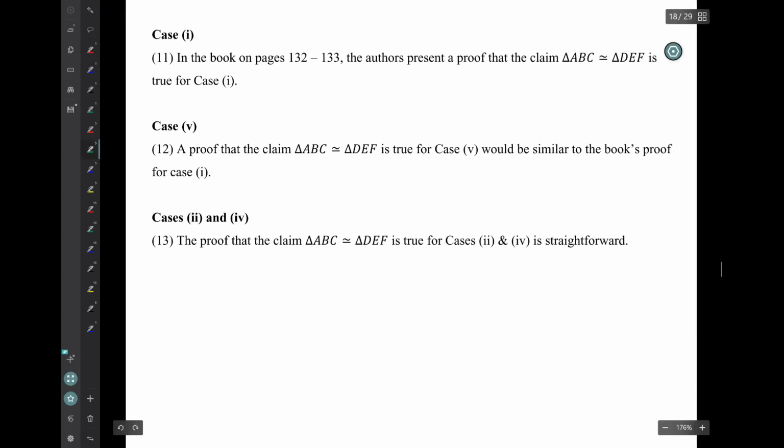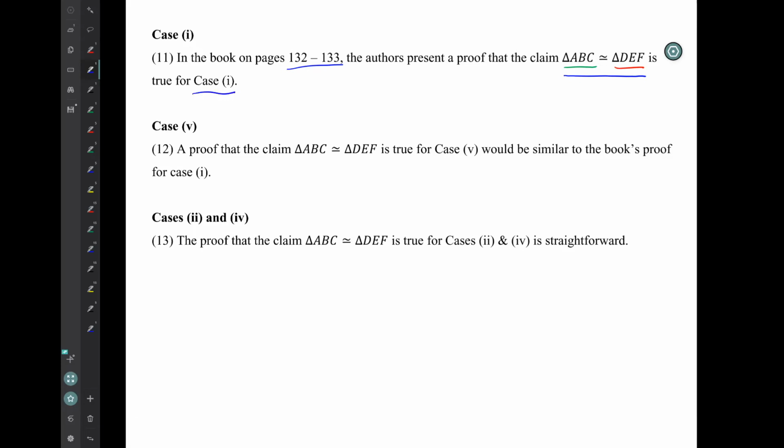Now remember what the goal of the whole proof is. The goal is to prove that triangle ABC is congruent to triangle DEF. Well, now we have to prove that that is true in all 5 cases. Well, in the book on pages 132 to 133, the authors present a proof that this congruence is true in case 1.